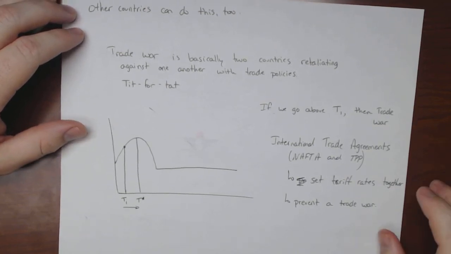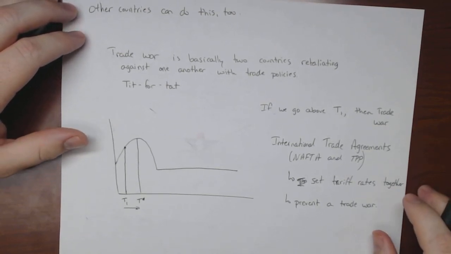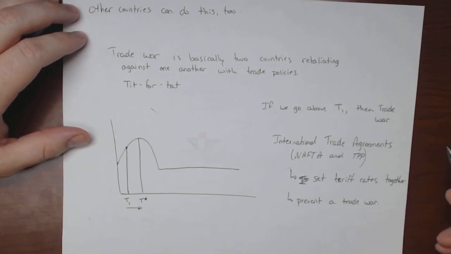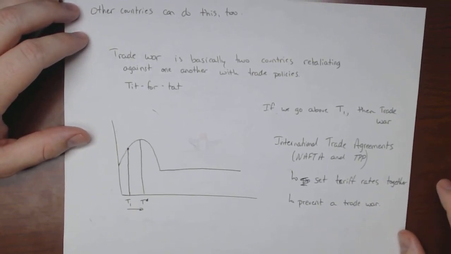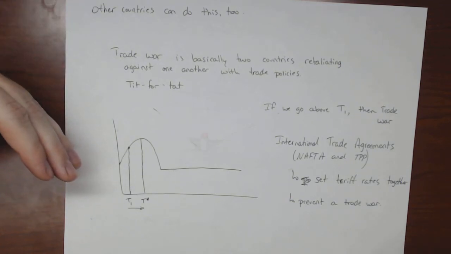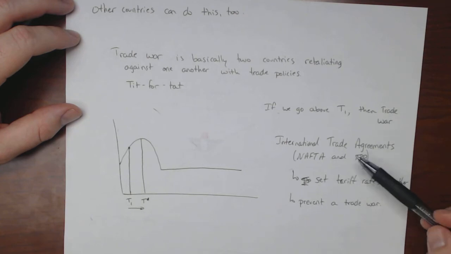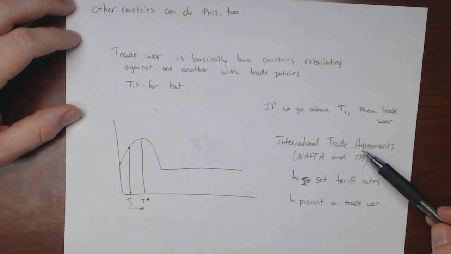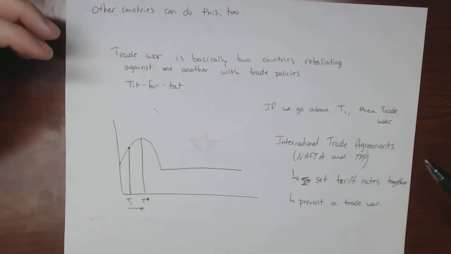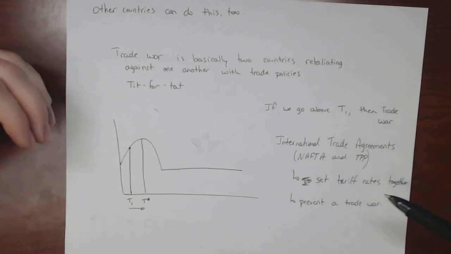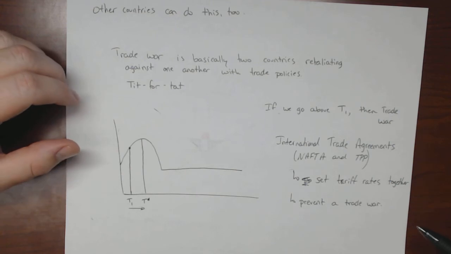Okay, so this doesn't mean that the tariff rates have to be equal. Okay, so U.S. and Canada have different tariff rates for each other. But when we entered into NAFTA, we entered into an agreement that said what the U.S. tariff rate for Canada would be, and what the tariff rate would be when Canada buys something from the U.S. We sat down and agreed with each other on what we were going to tax each other.